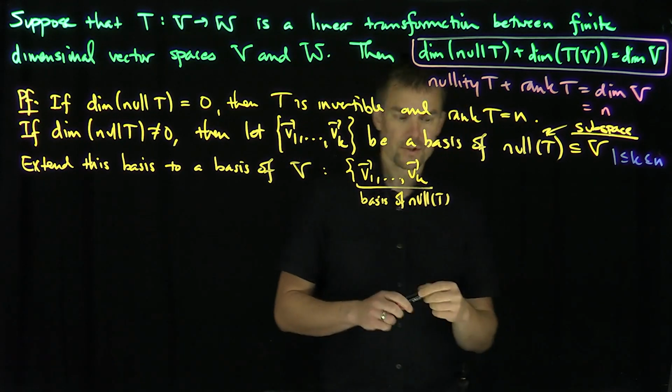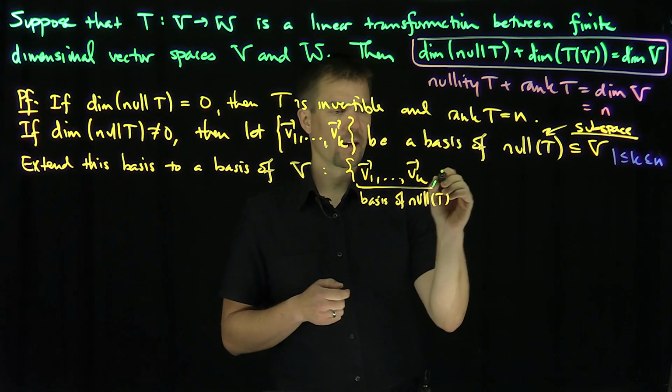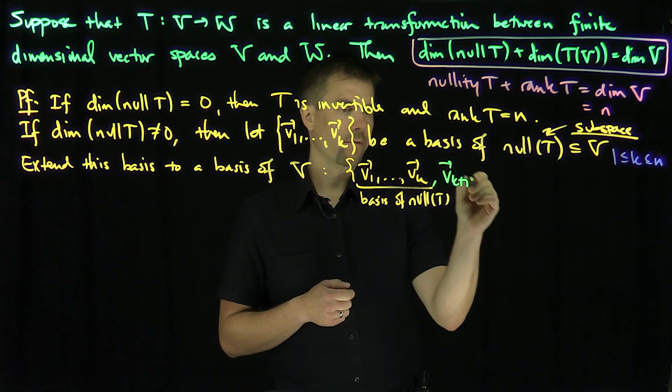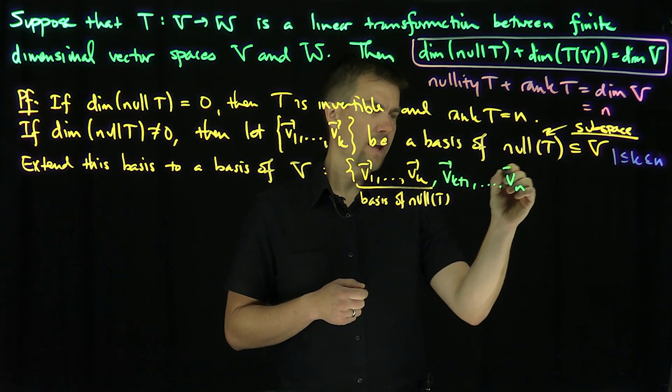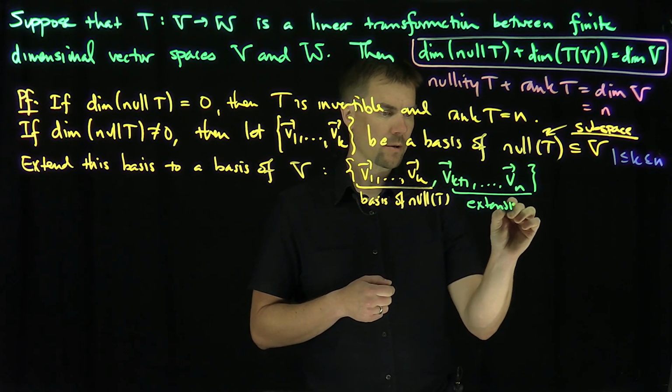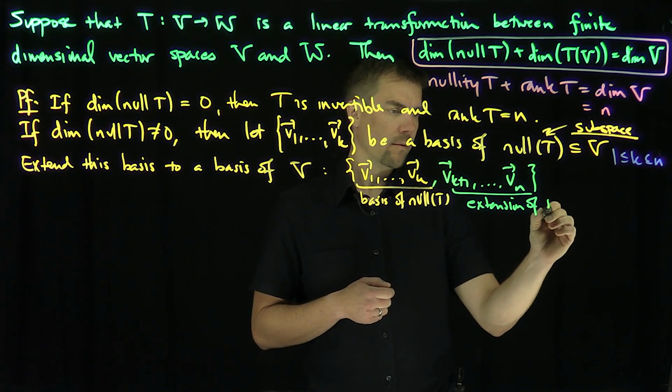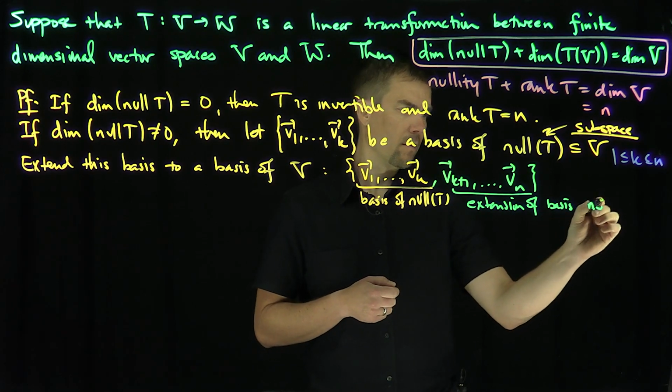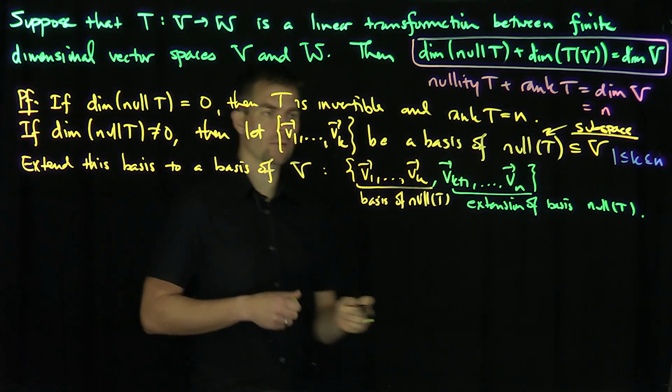Then I'll have v k plus 1, the first vector I'll add in, all the way up to vn. And those are the extension basis. So I extend the basis over there.